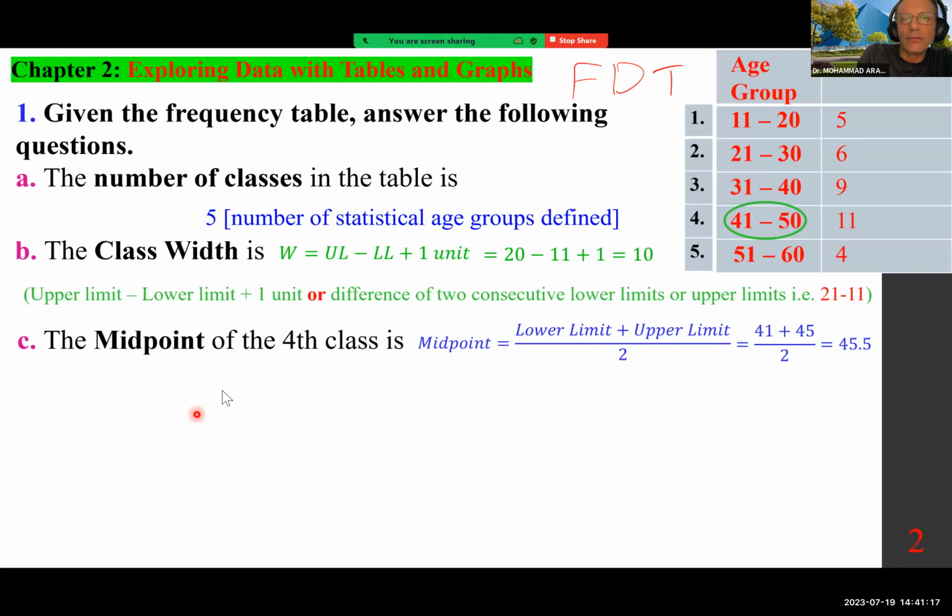Why did I put 45? That's the 4th class. My apologies. (41 plus 50). And that's 91 divided by 2.